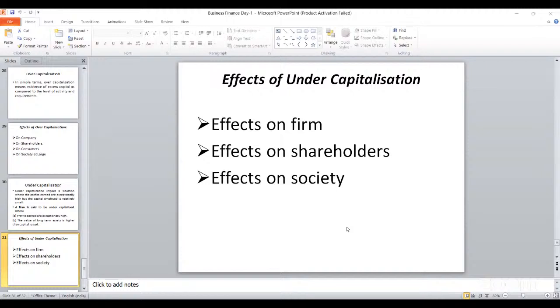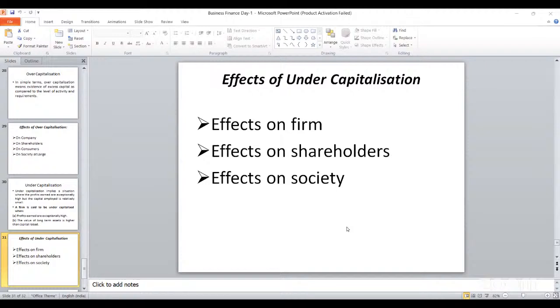The employees at this particular instance may demand high salaries. When a company is going at a very high level, the expectations of the employees also increase, right? So they may demand high salaries and high wages. If we are not doing it, what will happen? That leads to dissatisfaction. This is how the concept of undercapitalization affects your company.